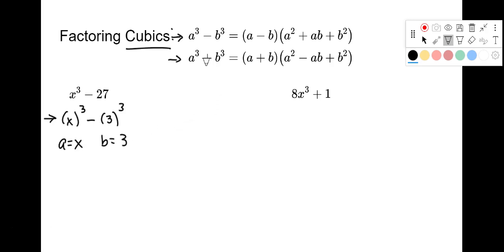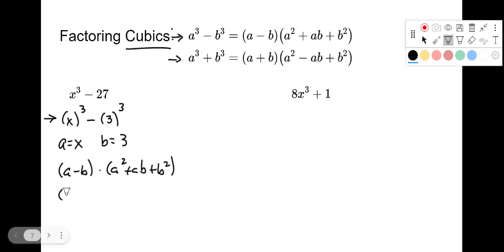So now I'm going to try to factor using this top formula here, because this is a cubed minus b cubed. And that's what we have here, x cubed minus 3 cubed. So we're going to fill in a is x and b is 3 into this formula. So let me write the formula here. It's a minus b times a squared plus ab plus b squared.